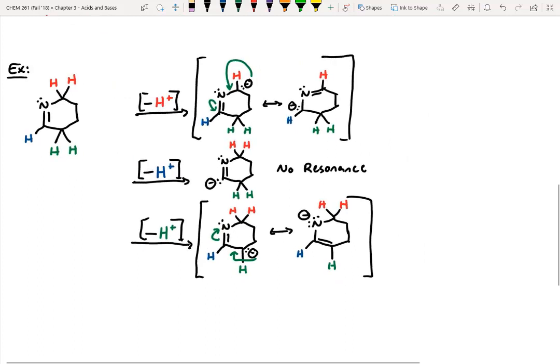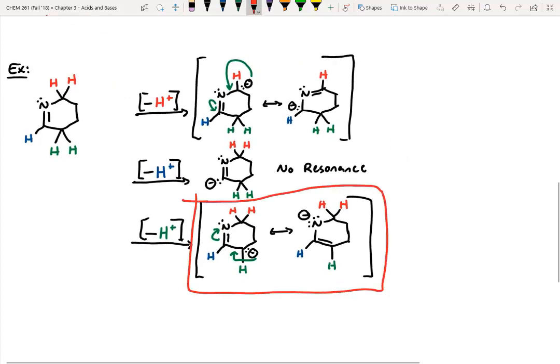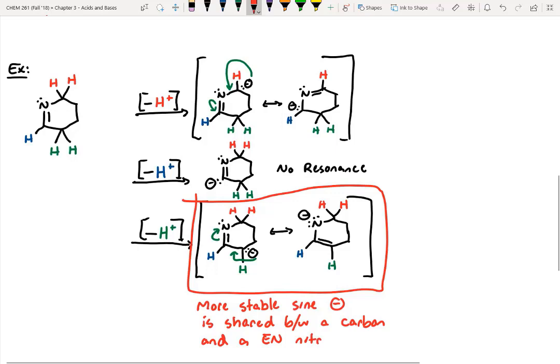So in this one, we would say, all right, this one is more stable since the negative charge is shared between a carbon and an electronegative nitrogen.